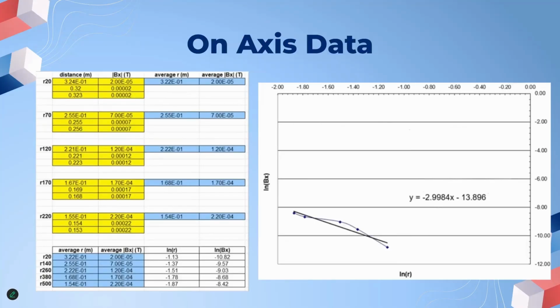Okay, so for my on-axis data, this is what I got. The left is the data that I got at different magnetic fields coming off, and the right is my linearization of the data on the left. Through that data, I was able to get the function y equals negative 2.9984x minus 13.9896. This is important because it is linearized right now.